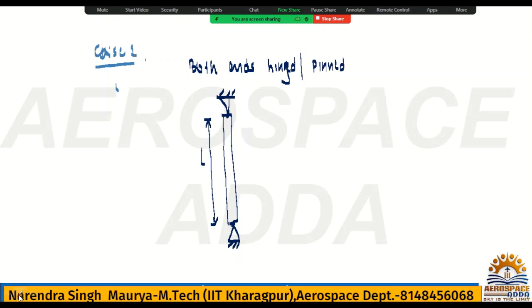If you draw this column separately, I can show you. Originally this is the column, but if you apply load P here and P here, and remember this is hinged or pinned, this column will be deflected like this.